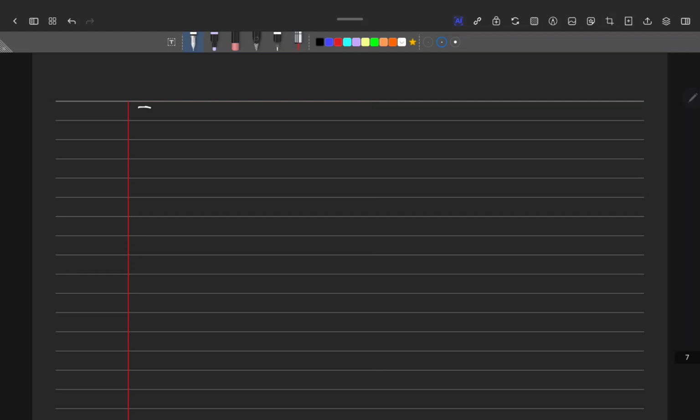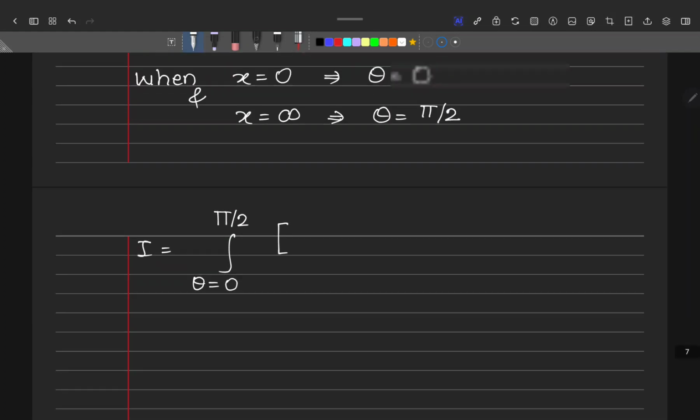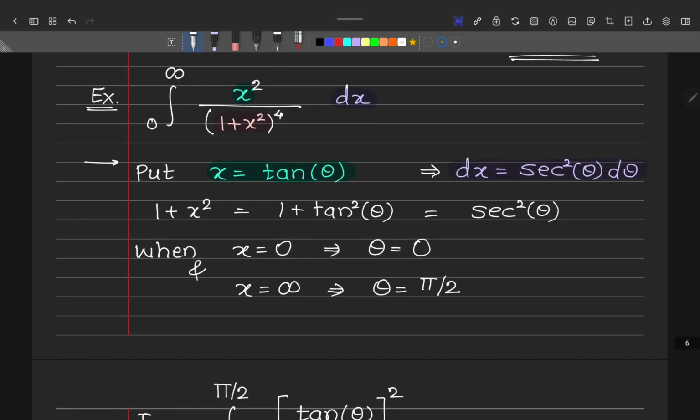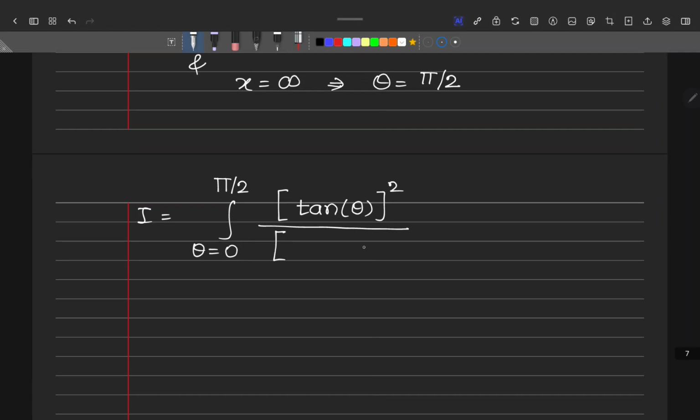Therefore, now our integration reduces in terms of theta, and theta varies from 0 to pi by 2. Check. Your numerator is x square. We put x is equal to tan theta, so we get tan square theta upon the denominator term, 1 plus x square raised to 4. This value was sec square theta. The value of dx is equal to sec square theta into d theta.